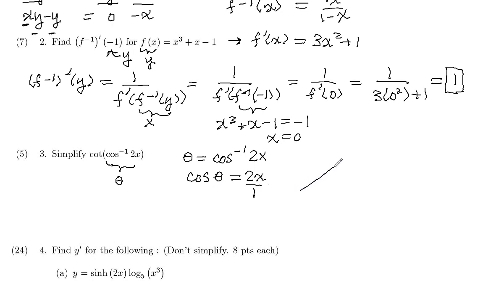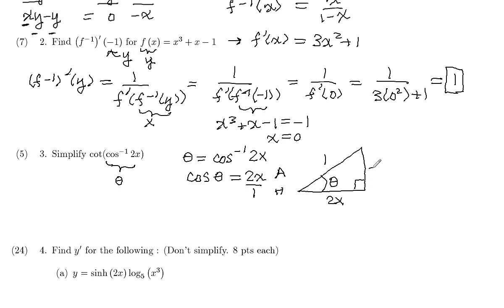And now let's go ahead and draw a right triangle that fits for this problem. So here's our angle theta. And cosine is adjacent over hypotenuse. So the adjacent side is going to be that 2x. And then the hypotenuse on this triangle is going to be 1. This is a right triangle.